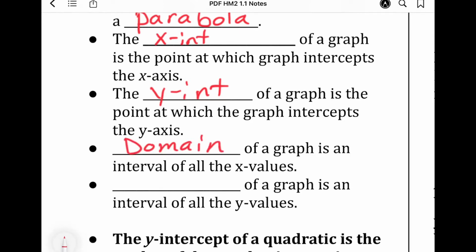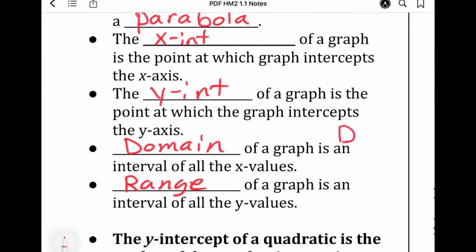Domain of a graph is an interval of all the x values. Range of a graph is an interval of all y values.